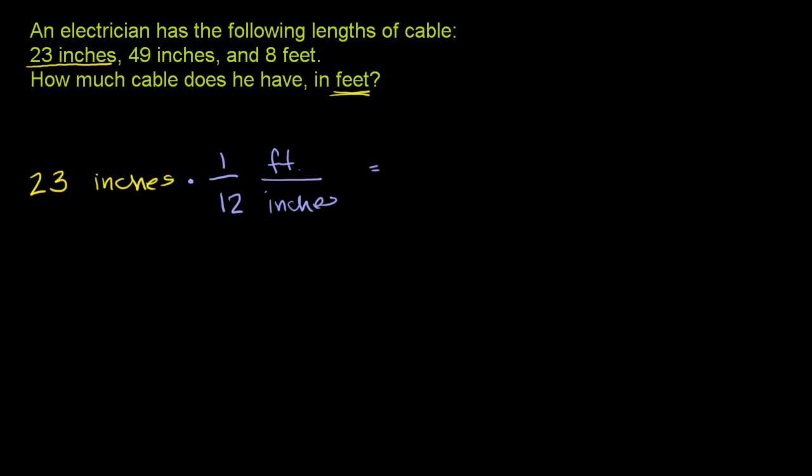This is equal to 23 times 1, which is 23, over 12. The inches cancel out, and we're just left with feet. So that is 23 over 12 feet. This is an improper fraction, but I'll leave it as an improper fraction for now, because they're actually easier to manipulate than mixed numbers. So that's the first cable.